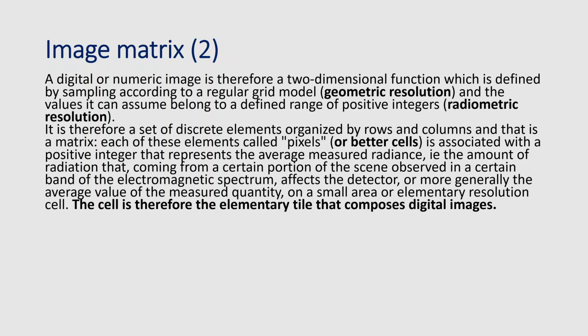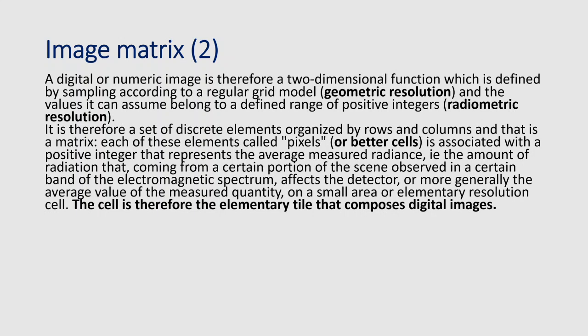Each of these elements, called pixels, but in our case I prefer to call them cells, is associated with a positive integer that represents the average measured radiance.